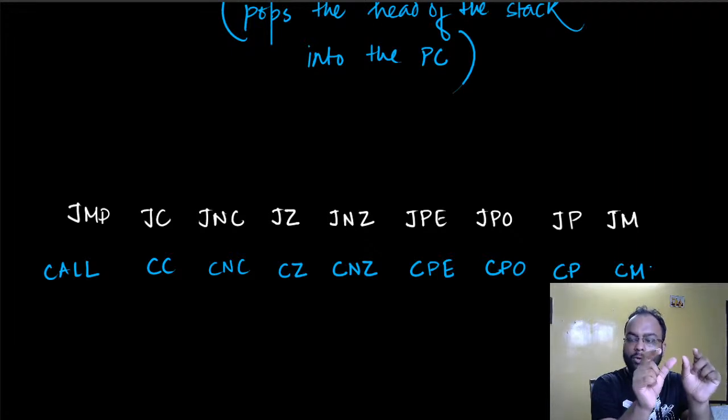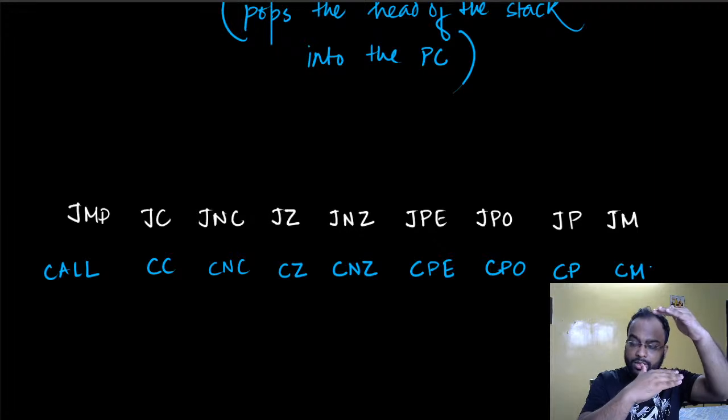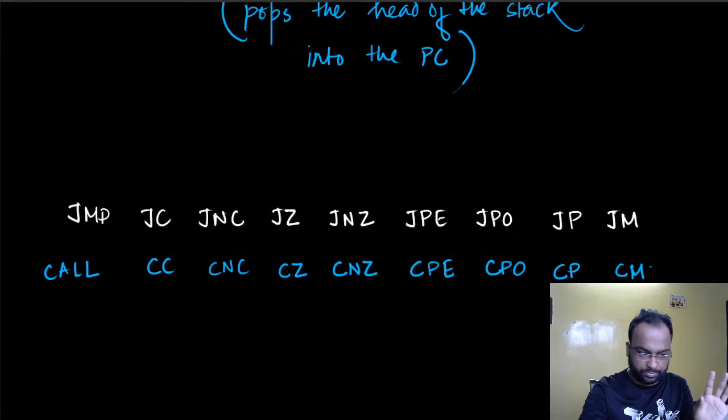It jumped the program counter within the same program, based on the satisfaction of a certain condition, right? So jump zero, for example, if the zero flag is set, then the program counter will be jumped to that particular label's address. Otherwise, the next instruction will be executed.